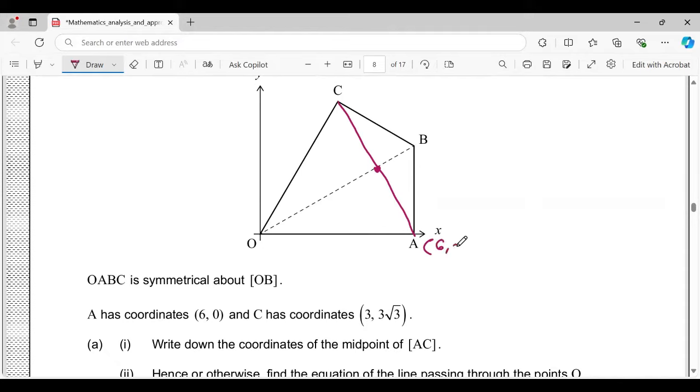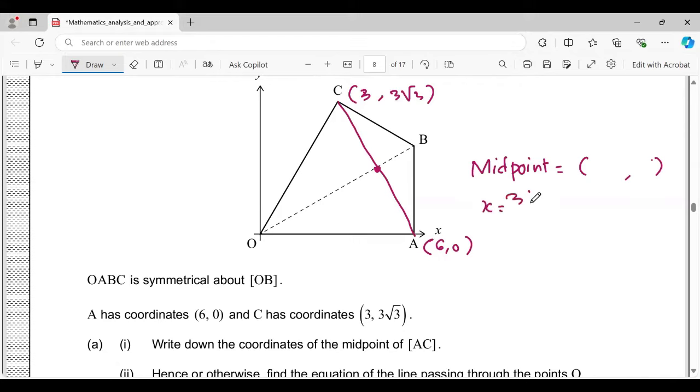A is (6, 0) and C is (3, 3√3). So the midpoint, I'm going to write in here, consists of X and Y.